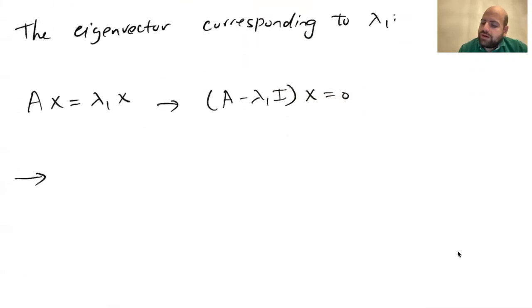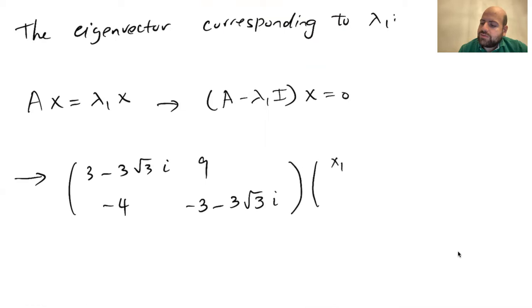So 3 minus 3 root 3i, 9, minus 4, minus 3 minus 3 root 3i, times x1, x2 equals 0.